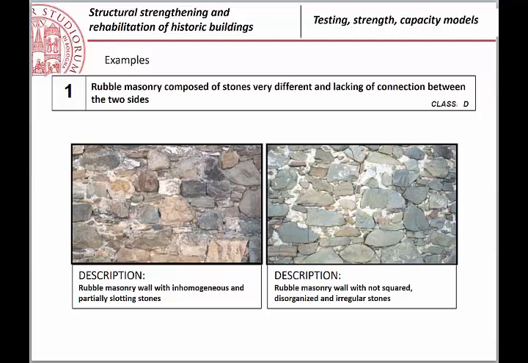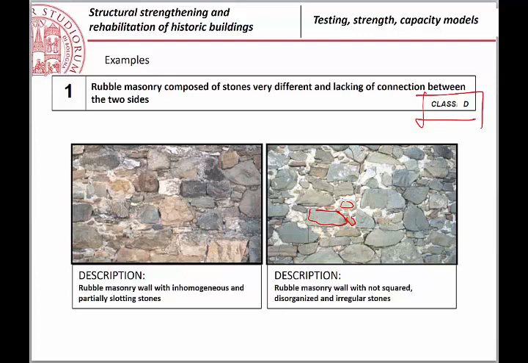You can see here, for example, one of the worst masonries that you can have, because you have big blocks, you have very small pebbles, the shapes are very irregular, there isn't any scheme of realization of this kind of wall.